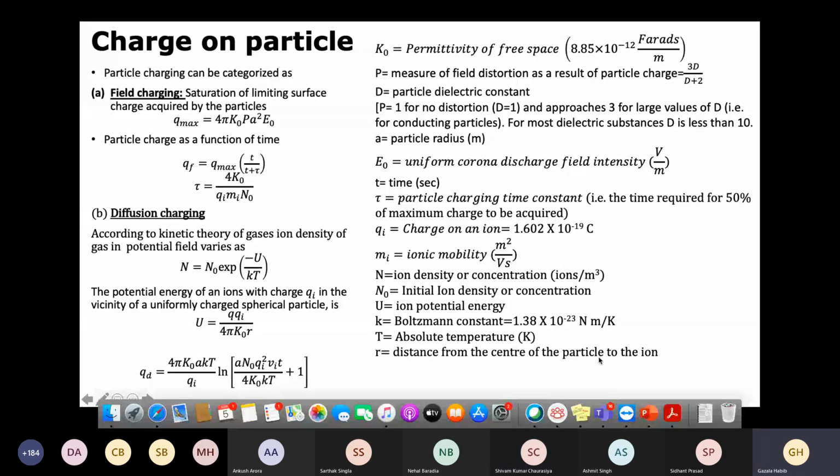Now this slide shows the formula for calculation of charge on a particle due to field charging and diffusion charging. We are not learning the derivation of this formula. I tried to find the derivation, but it's very complicated.